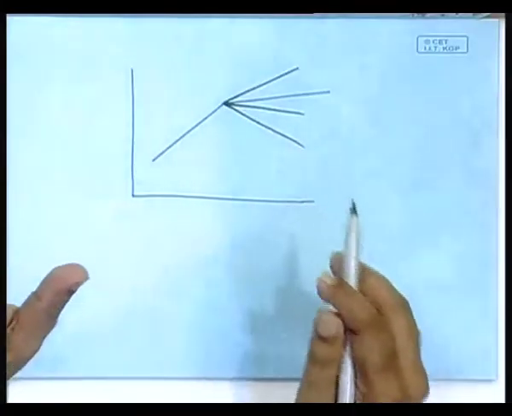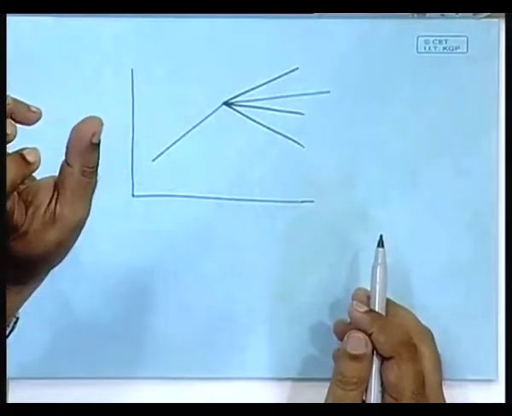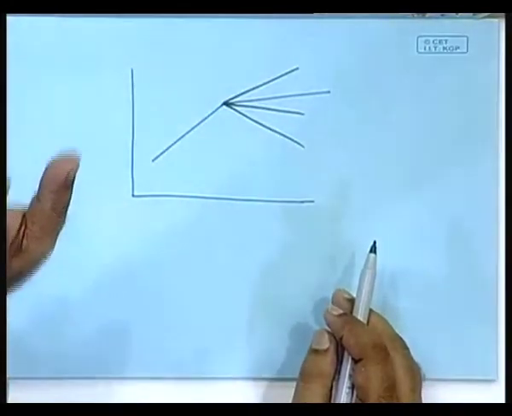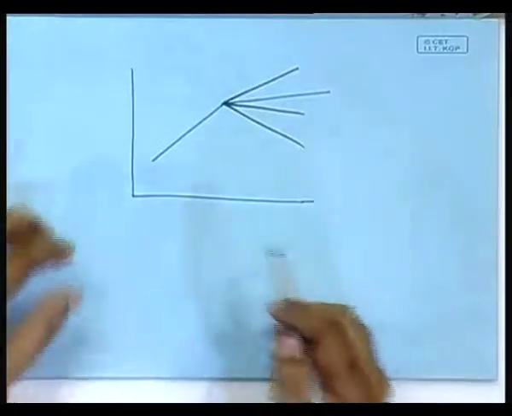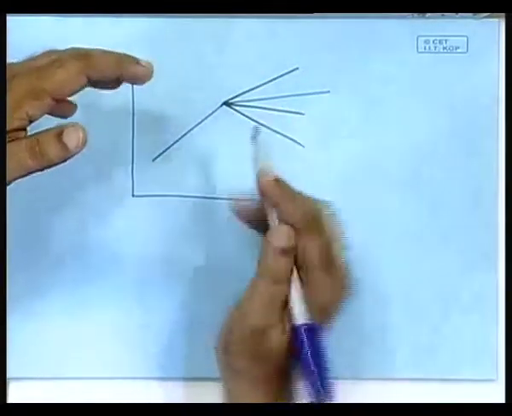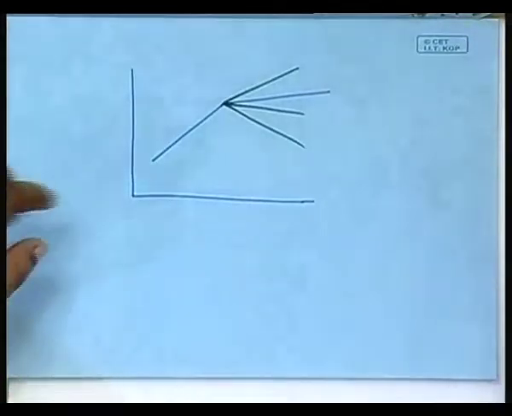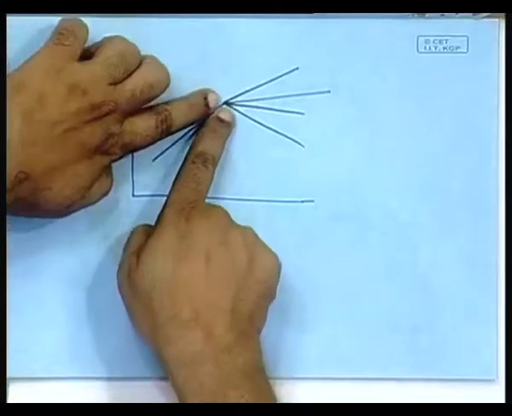So, this orbit will have a basin of attraction. Here also this orbit will have a basin of attraction. Everybody would think, so what? What happens is that the basin of attraction shrinks to 0 at this point.